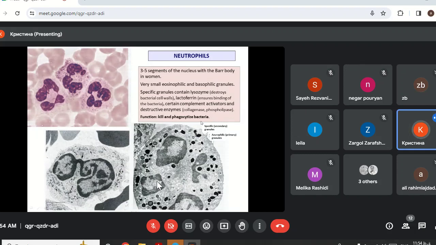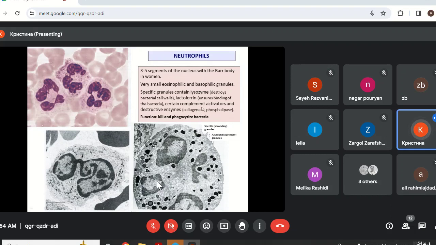The function of neutrophils is to kill and phagocytize bacteria. So their specific granules contain lysozyme, which destroys bacterial cell walls, lactoferrin, which sticks to the bacteria, complement activators and destructive enzymes such as collagenase and phospholipase.